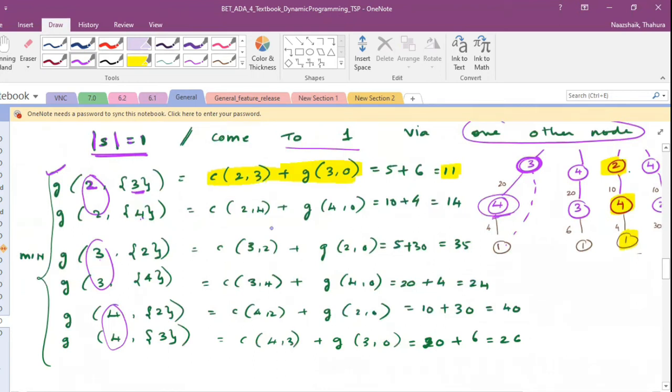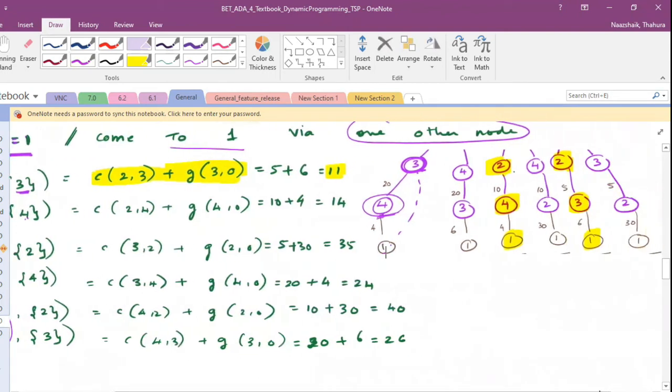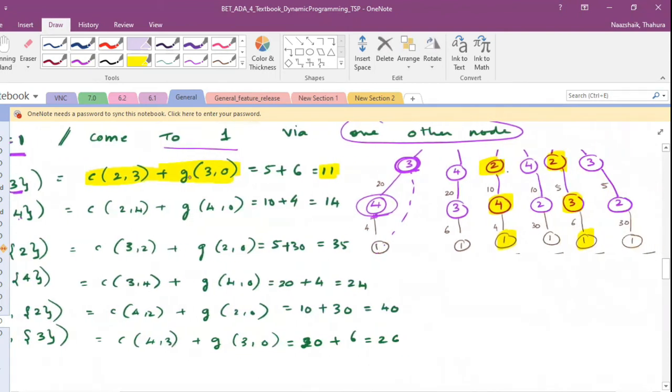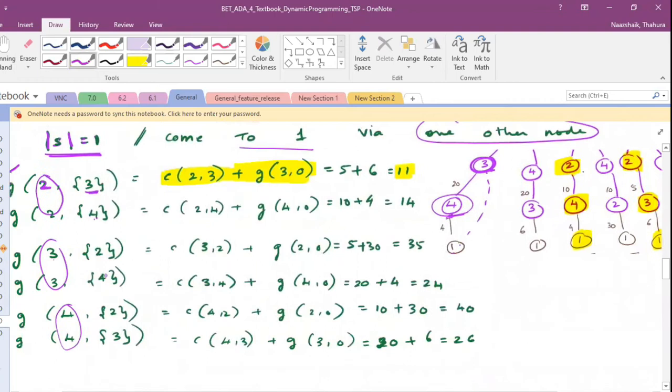Or you take vertex number 3, you can go to 1 via 4, or you can go to 1 via 2, right? Same thing here. You have 4, you can go via 2 or 3. These are the only choices you have.